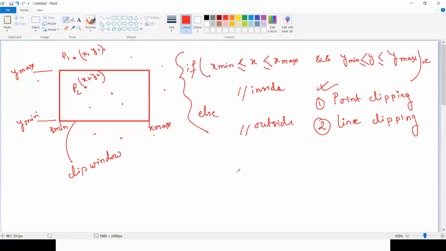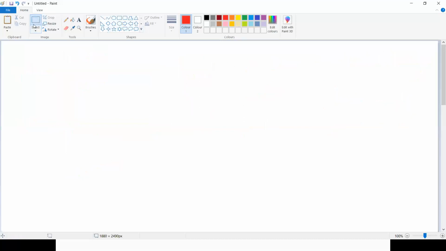Okay, so this is the line clipping algorithm. Now we will discuss it. Consider a window like this one, and this is our clip window, and there are some lines, somewhere like here.